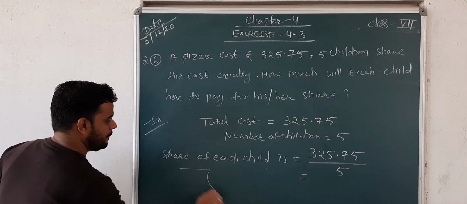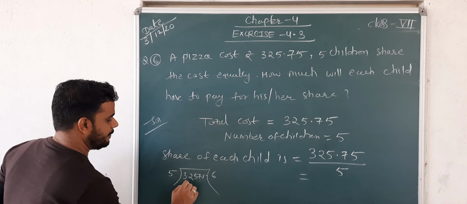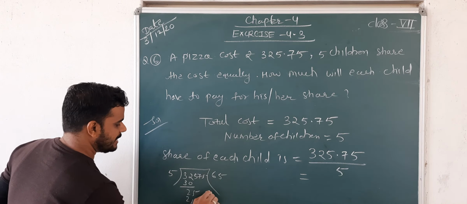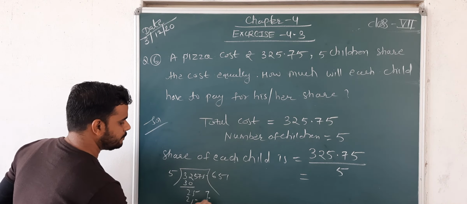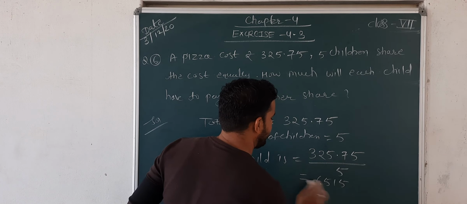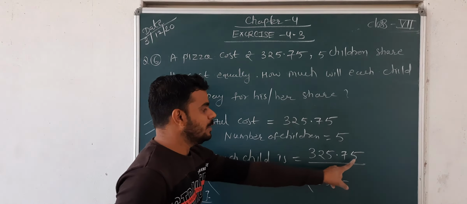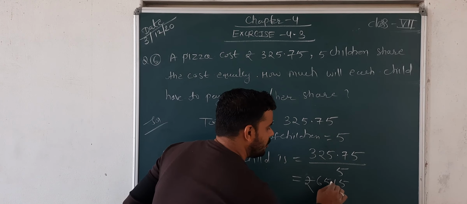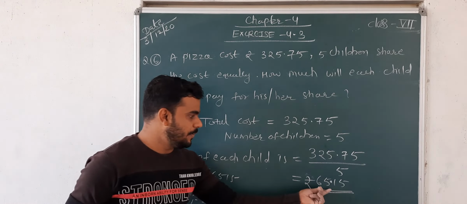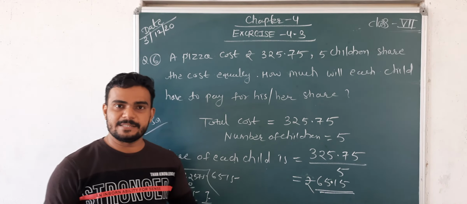So make the division. 32575: 5 times 6 is 30, then 2; 5 times 5 is 25; afterwards 7, 1 time again 5 times. So the answer is 6515 rupees, but there are two numbers after the point, so just put the point after two numbers, so that each child gets rupees 65.15. ओके, हर एक बच्चे को इसके में इतने इतने पैसे आएंगे.